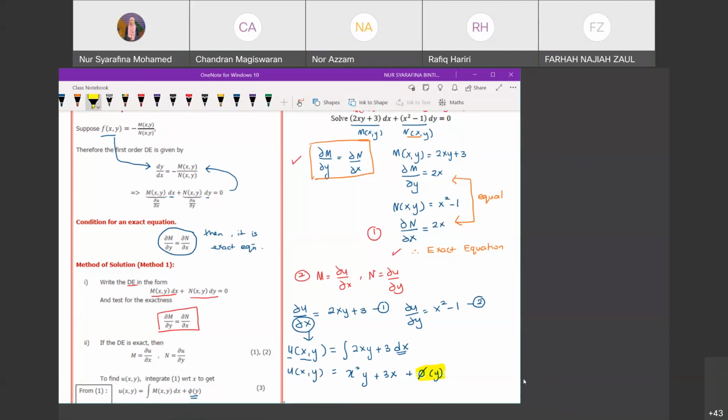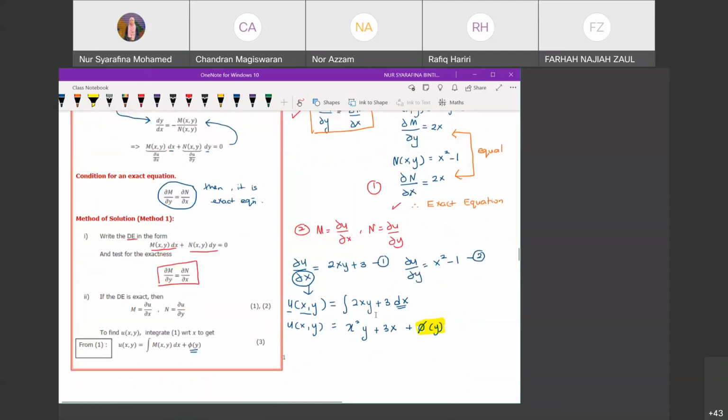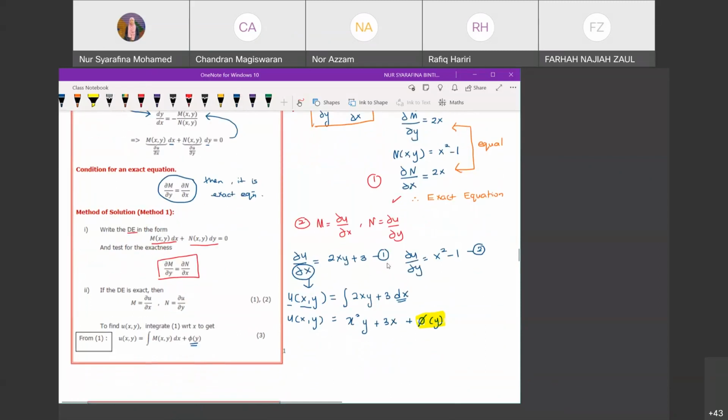How can we find it? Okay, so now let's take a look. We have used the first equation, right? So we have used this, and we have the second equation. Now you have u. So from the second equation, we need to have del u del y in order to make the comparison.